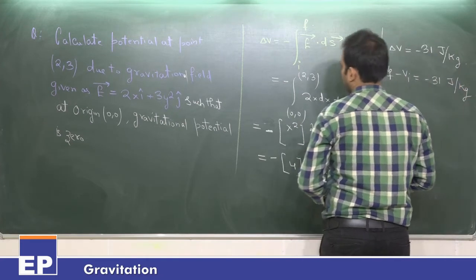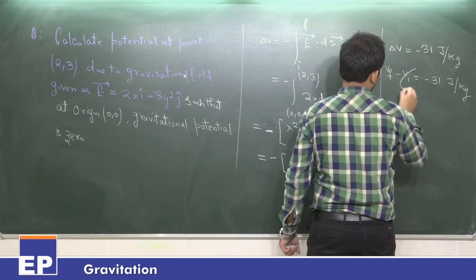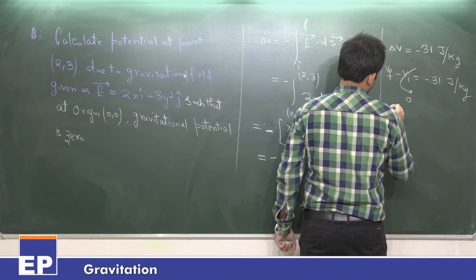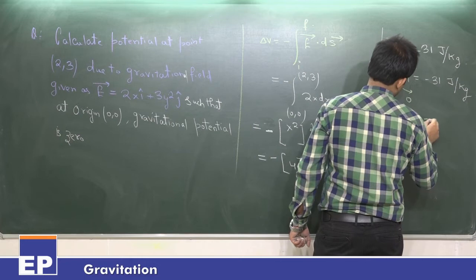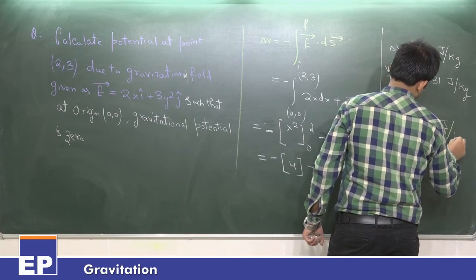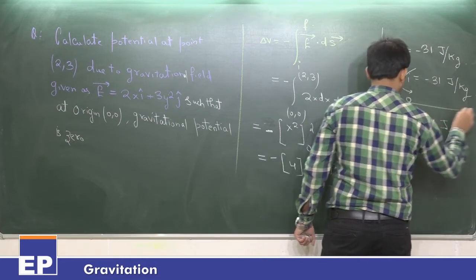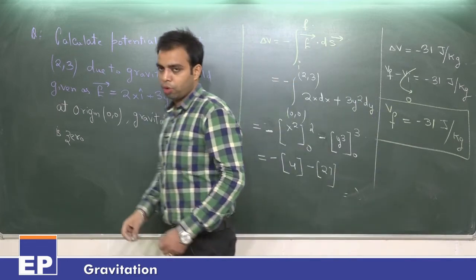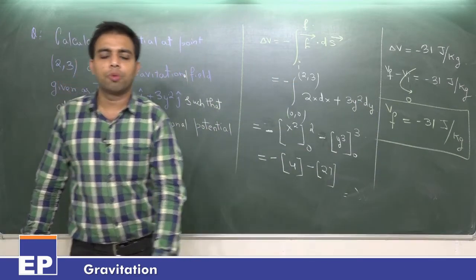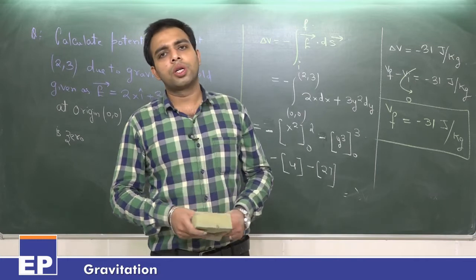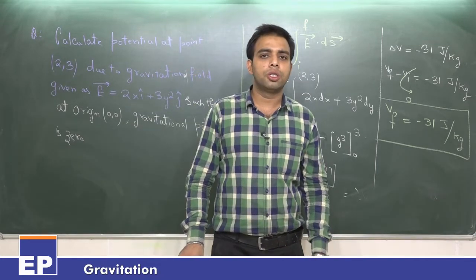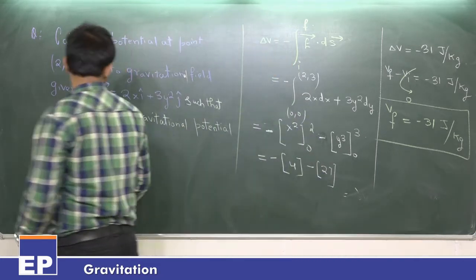V final is what? We have to calculate. V initial is what? 0. V final is what? Minus 31 joule per kg. Is it clear to all of you? So I have calculated the potential at point due to the work done by the electric field, because it's a conservative force, a conservative field.